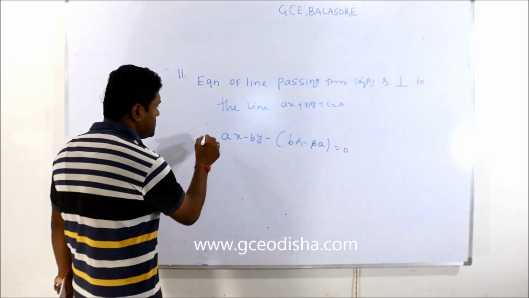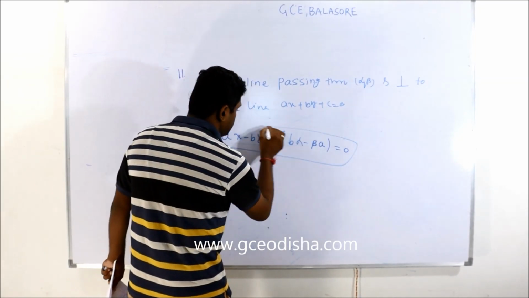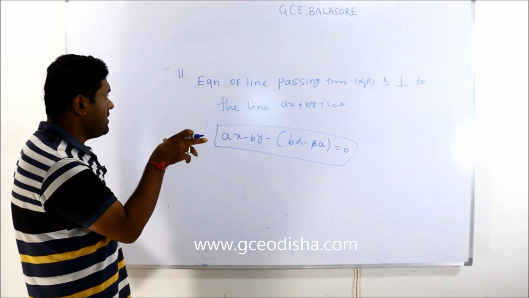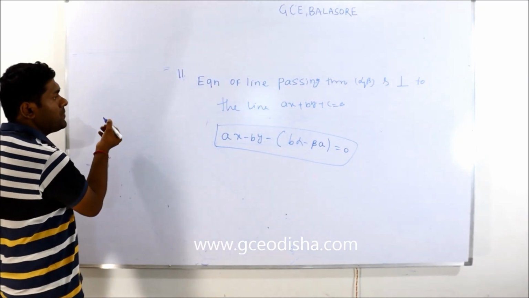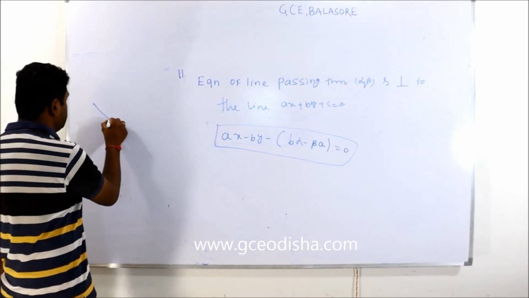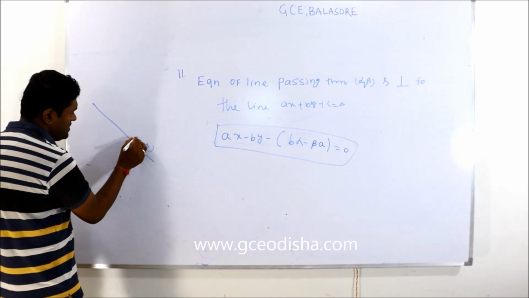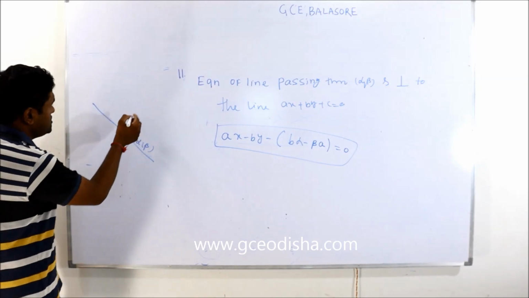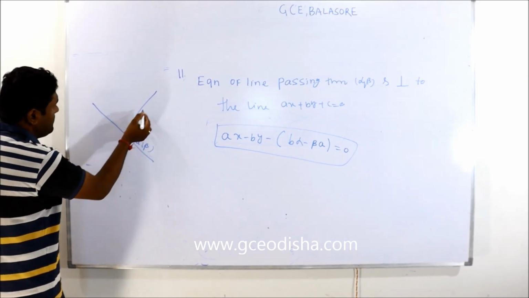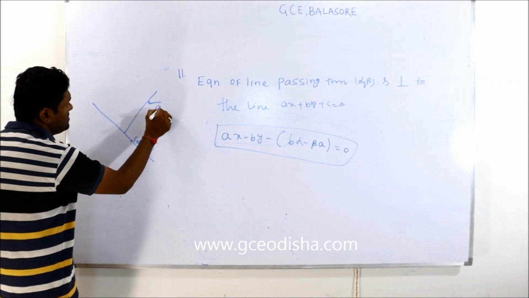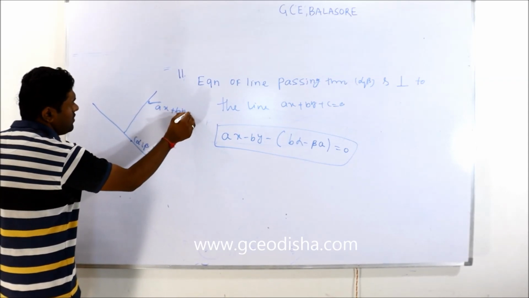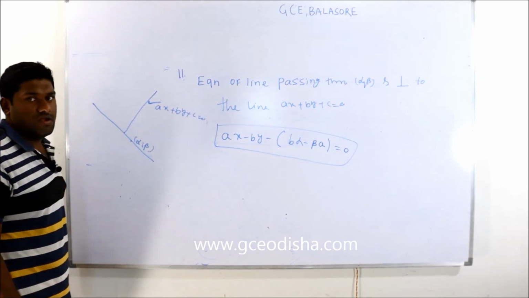This is the easiest way to write the equation of the line passing through the point alpha beta and perpendicular to the line Ax plus By plus C is equal to 0. The point alpha beta is given, and another line which is perpendicular is given.